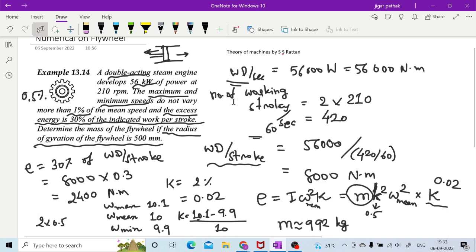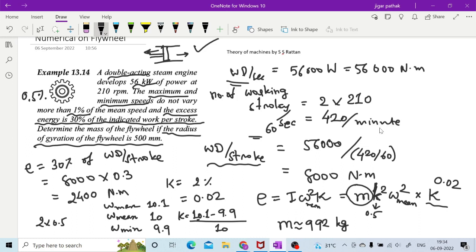Yes. Then the number of working strokes per second you have to calculate. As we have seen, it is double acting, so the number of strokes will be double the revolutions given, because in one revolution you will get 2 strokes, as I have mentioned here. So in one revolution 2 strokes means a total of 420 strokes per minute.